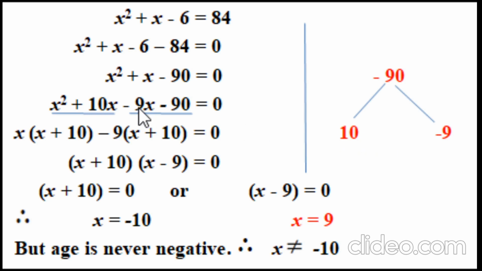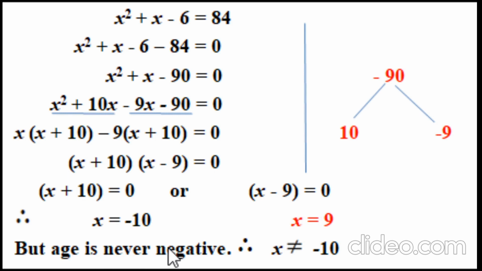Instead of x we take plus 10x minus 9x, and then by taking common, x plus 10 remains. So in one bracket x plus 10 and another bracket x minus 9 is equal to 0. So x plus 10 is equal to 0 or x minus 9 is equal to 0. Here x is equal to minus 10 or x is equal to 9.